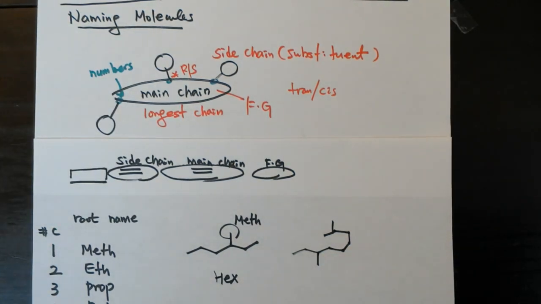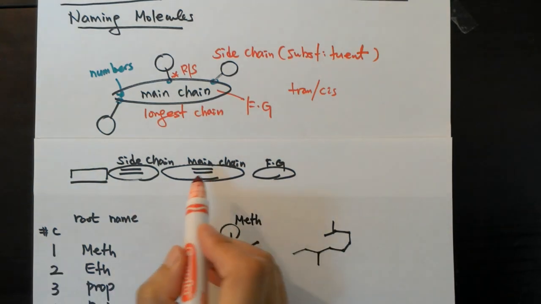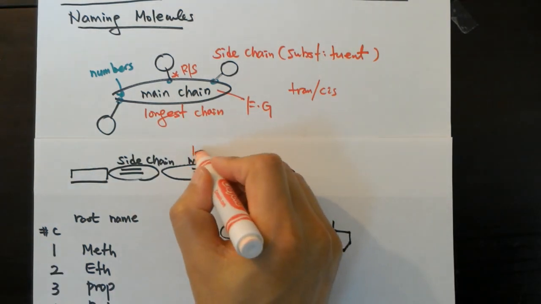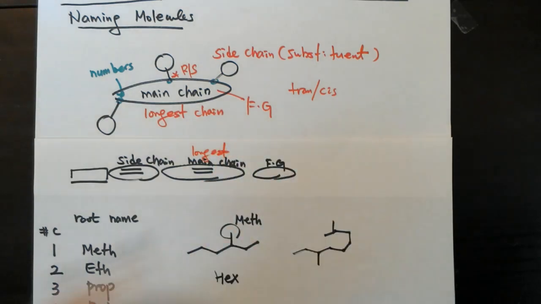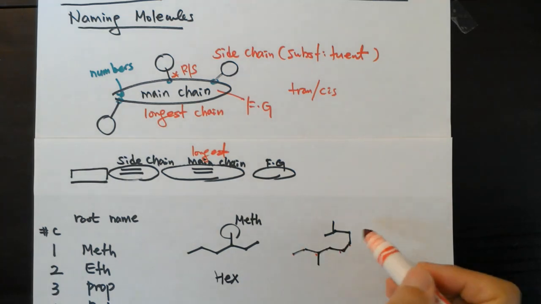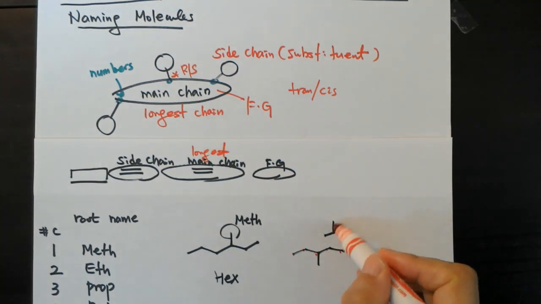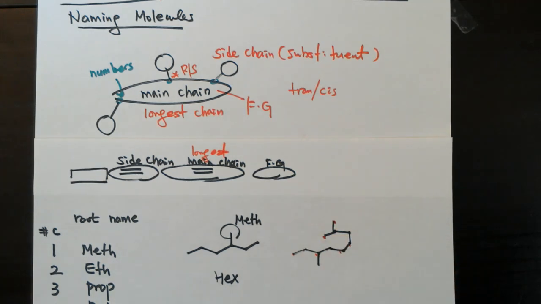So let's find the main chain. You need to find the longest chain for the main chain, longest consecutive carbon chain. So you have 1, 2, 3, 4, 5, 6. Then 7, 8, 9 or 9, either way.